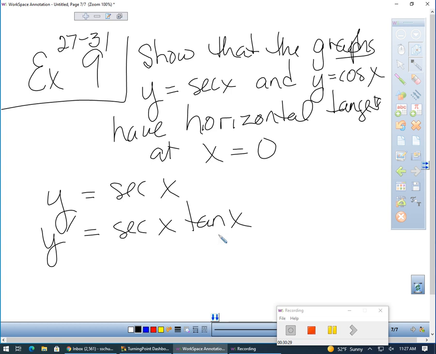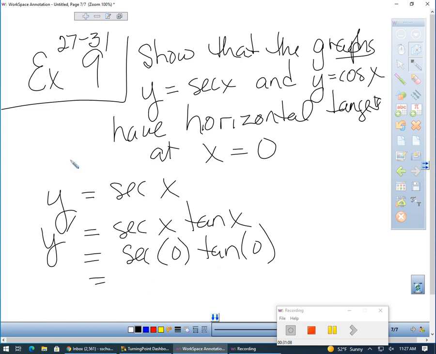All right, so now if we want to know what it is at 0, we're going to plug 0 in for x. I need secant at 0 times my tangent at 0. And I need to show that this equals 0. So let's see if it does.